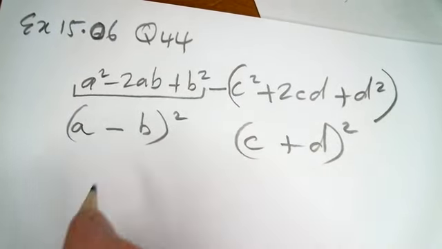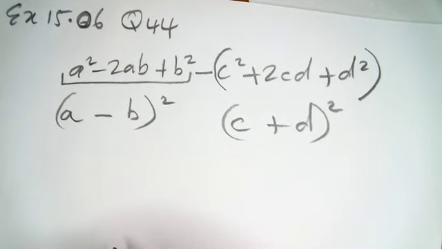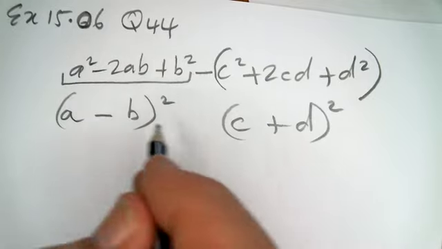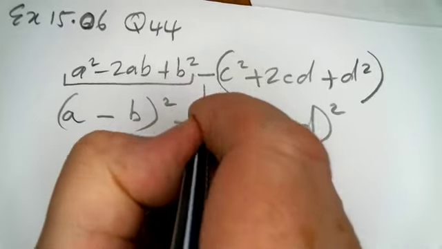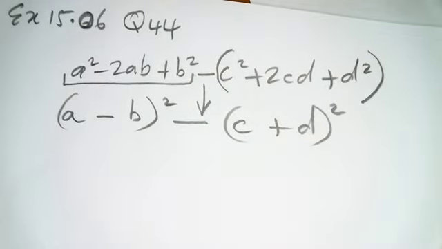So if we recognize these as being perfect squares, that leads us to looking at the next difference. And that is this and this with that negative in the middle, which makes these the difference between two squares.